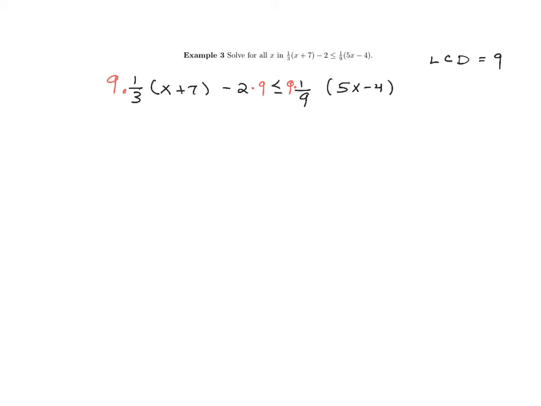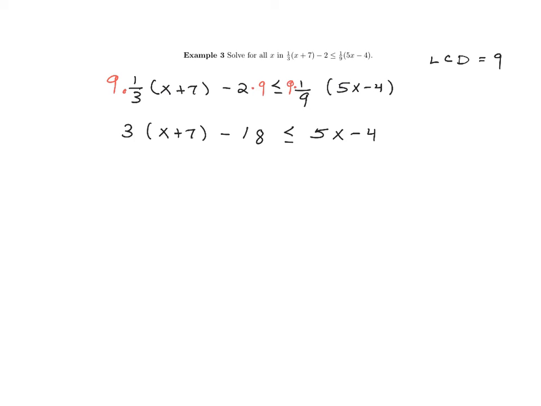So maybe just as a note, when I first multiply by 9, the 9 times 1/3 gives me 3, and I have (x plus 7). Then I have minus 2 times 9, which is 18. Then I still have less than or equal to. 9 times 1/9 is just 1, I won't even write it, and we're left with 5x minus 4. We don't need the parentheses because there's only a 1 inside of it.